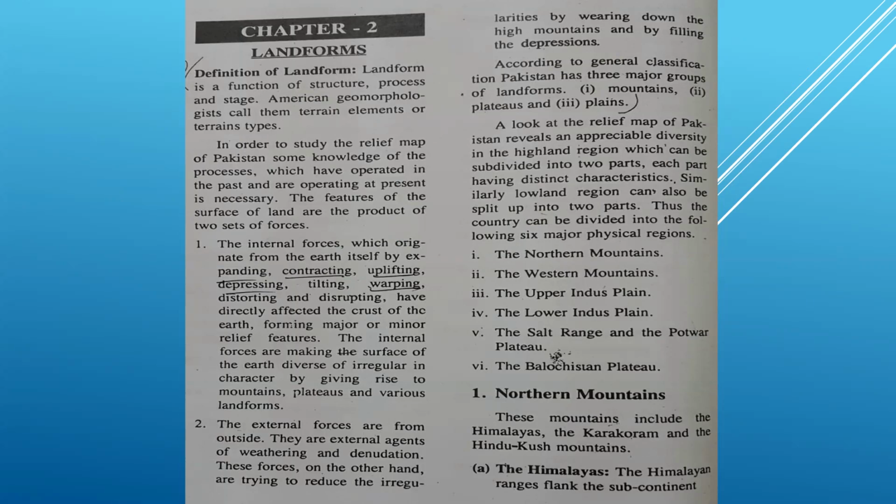Disrupting means destruction, which has directly affected the crust of the earth, forming major or minor relief features. The internal forces make the surface of the earth diverse and irregular in character by giving rise to mountains, plateaus, and various landforms. Also, it can be asked: define internal forces of the earth. You will define these. Then external forces. What are the external forces?